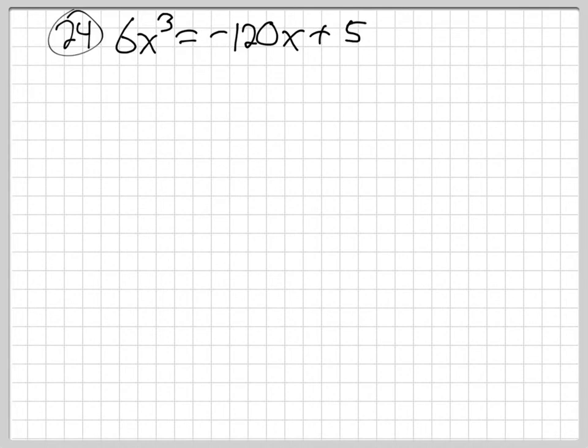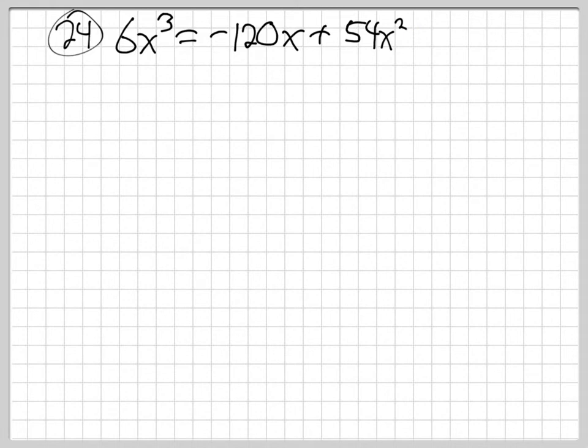24. 6x cubed equals negative 120x plus 54x squared. Okay, so we need to have a game plan for these kind of problems.